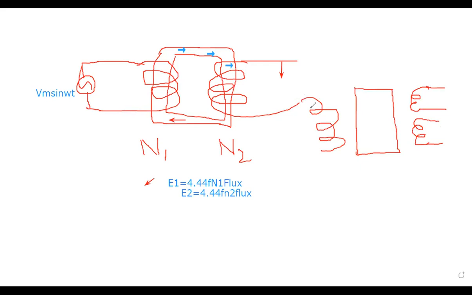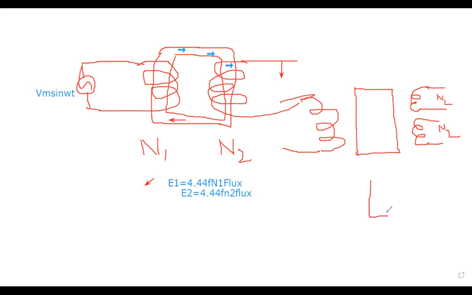Now we apply an EMF, that means a voltage, across the primary winding. Suppose we have N2 equal number of turns in the secondary winding, then its induced voltage depends on the number of turns.